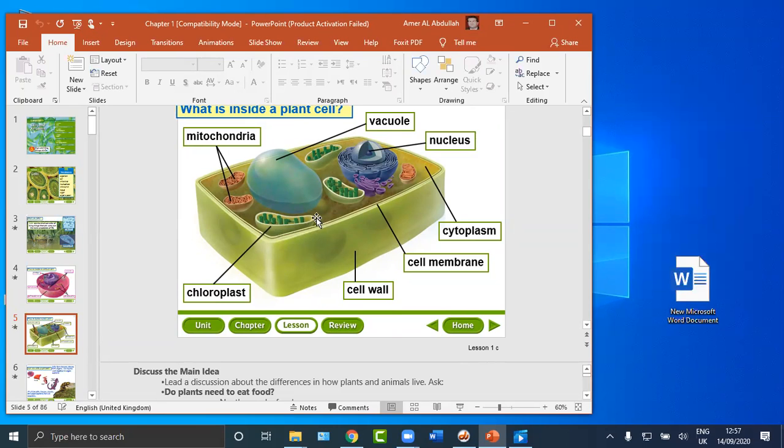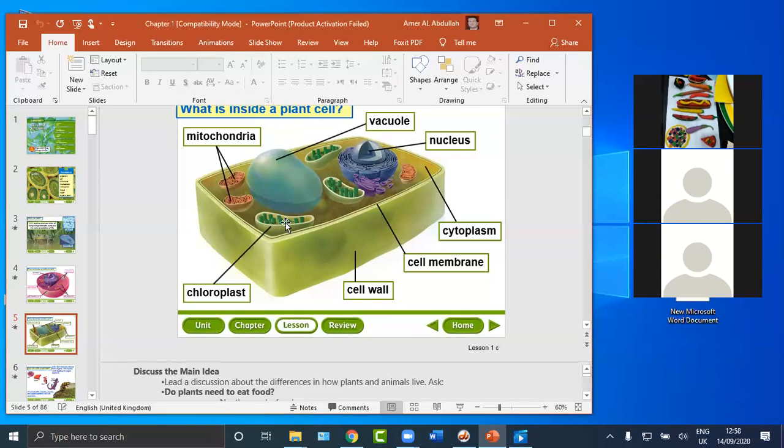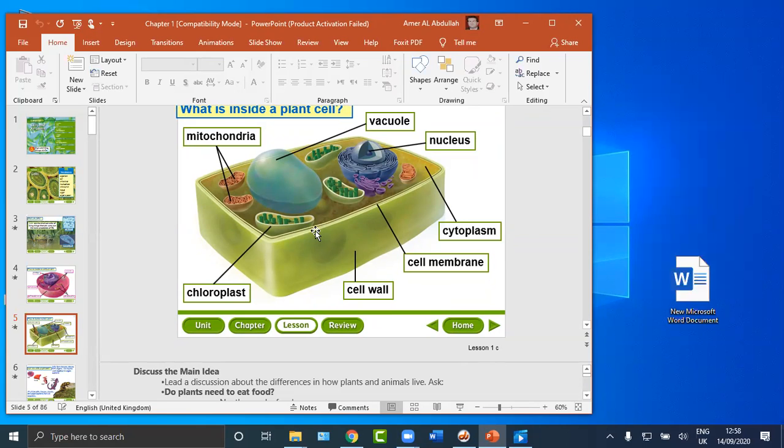It contains a chemical called chlorophyll. Now the chlorophyll here is able to use the energy in sunlight. In this way, it can make its own food.